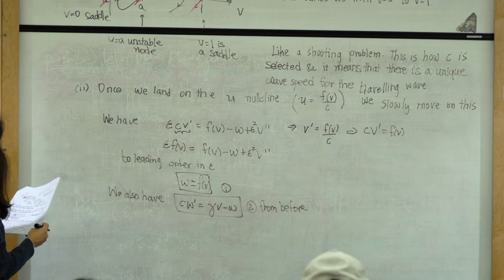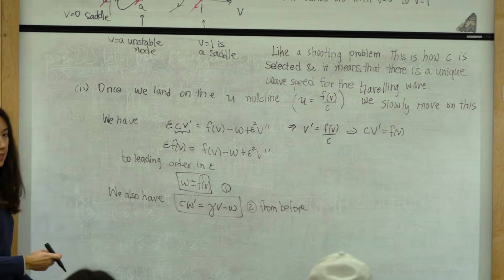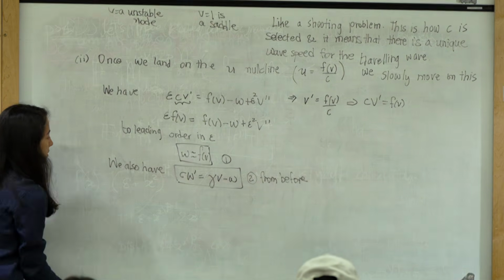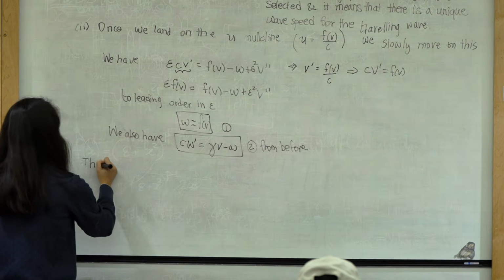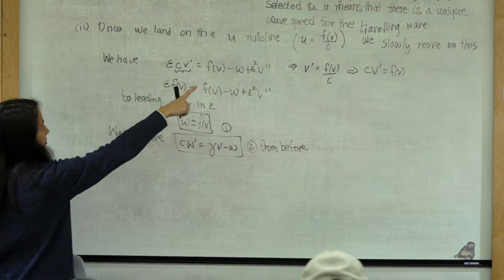Okay, so how do we make progress with this? Basically, what we have is we are on the null cline. Remember, we are on that curve.